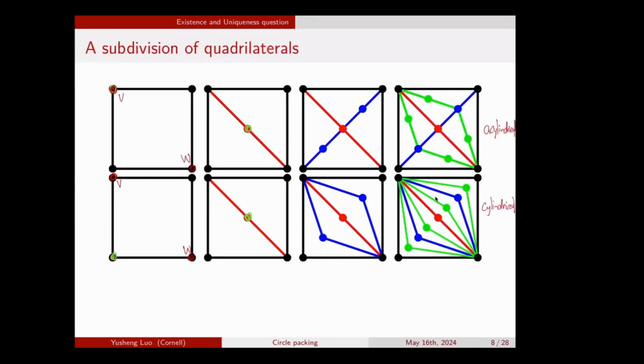When you have a non-acylindrical example, you will typically see something like this. You will see more and more paths of finite length, of uniformly bounded length, that connect two vertices.